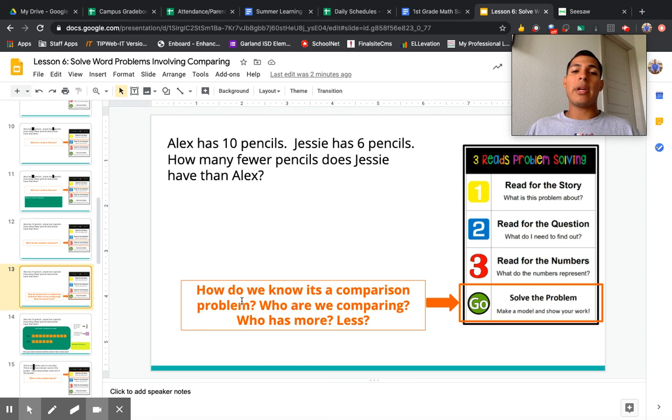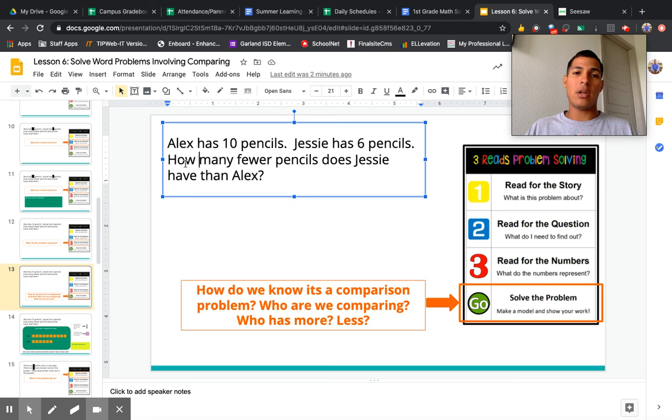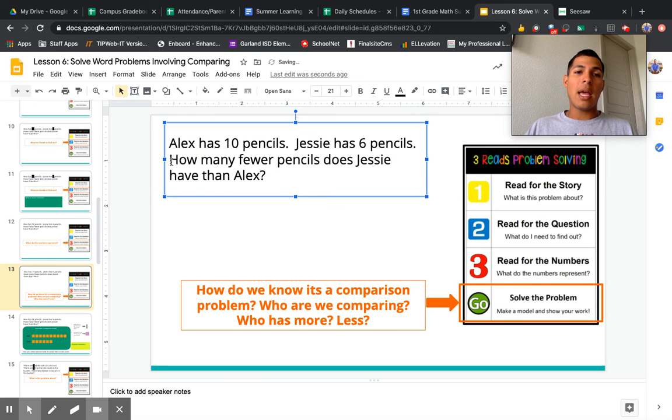How do we know it's a comparison problem? Who are we comparing? Who has more or less? How do we know it's comparing? We know because of these right here. How many fewer, right? How many fewer pencils does Jesse have than Alex?